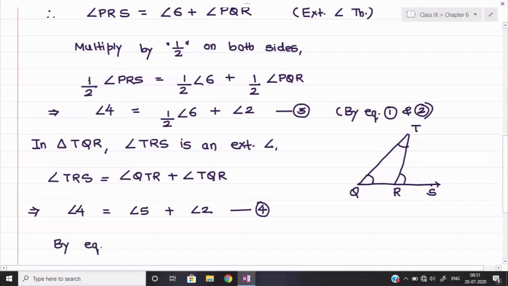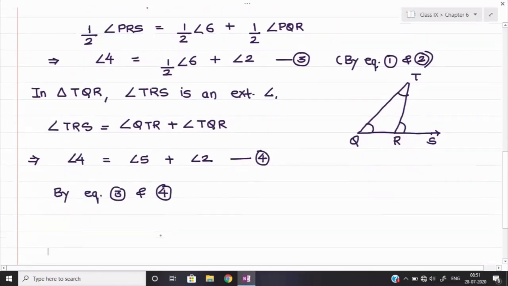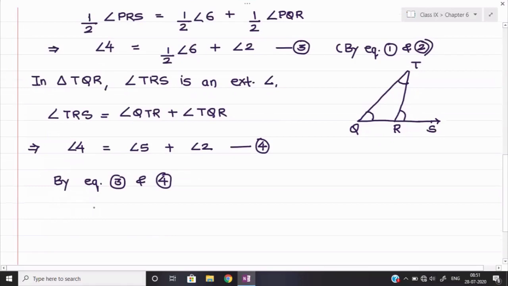So by equations 3 and 4, we can say the right hand side of equation 3rd is equal to the right hand side of equation 4th. So 1 upon 2 of angle 6 plus angle number 2 will be equal to angle 5 plus angle 2.